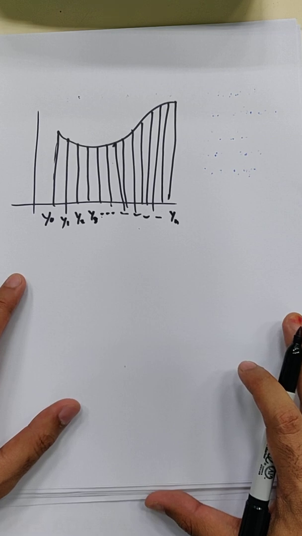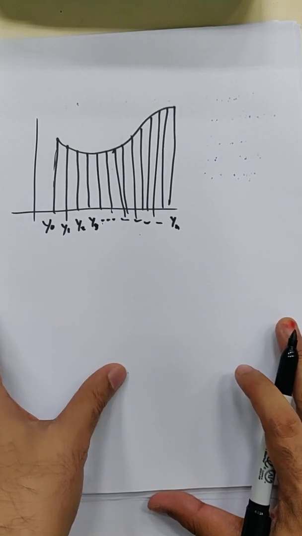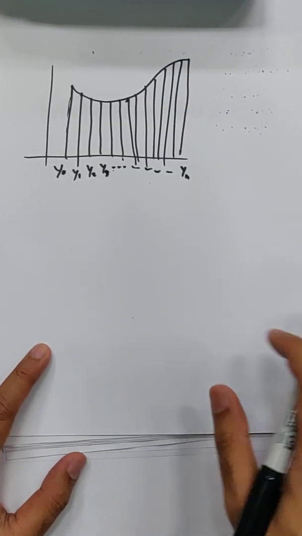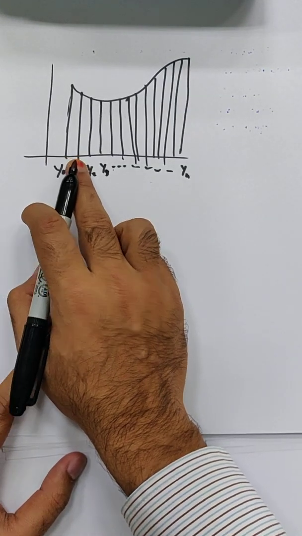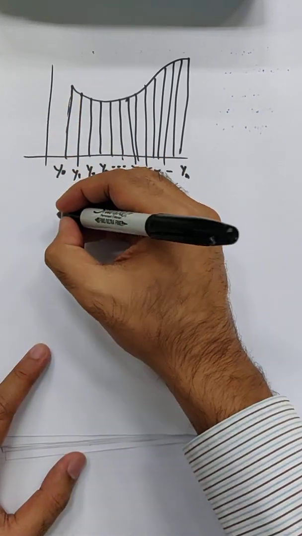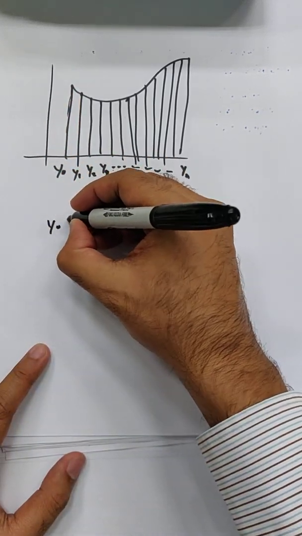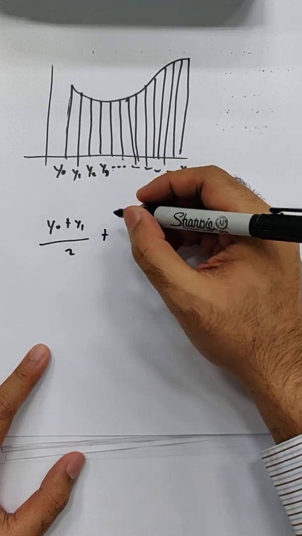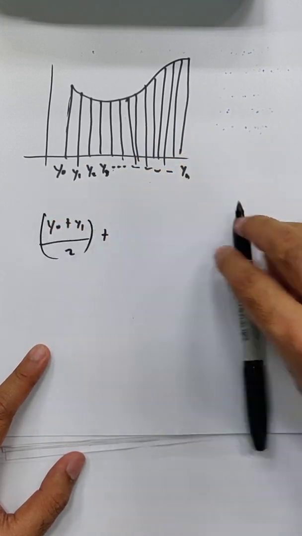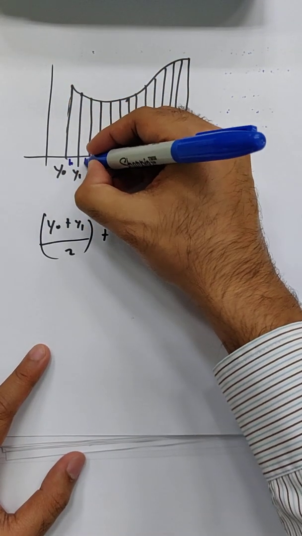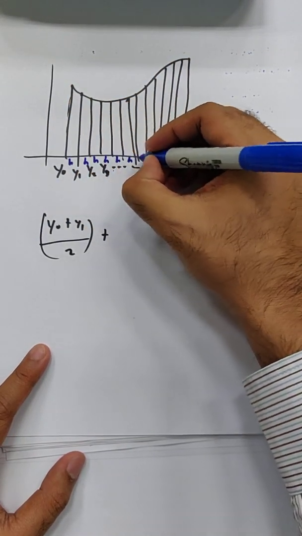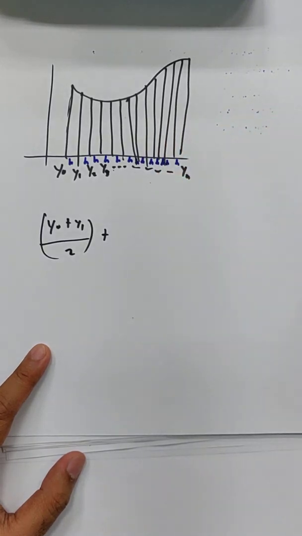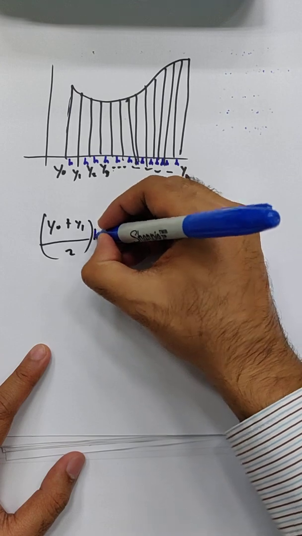Right, there are many ways for us to memorize the formula. The one that I like to use is, okay, sorry, I haven't finished this one yet. So basically the first strip will become y0 plus y1 over 2 times h.